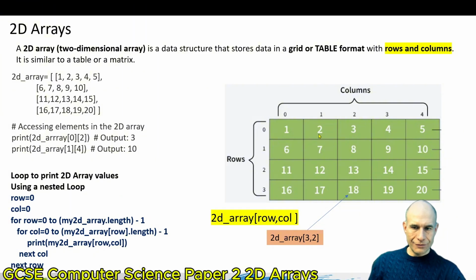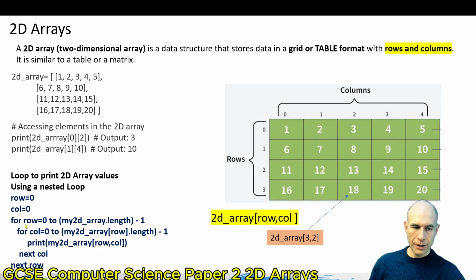To access the values of these items, we need to use nested loops. So a loop inside another loop to access these elements. For example, to print out all of the items of this array, we need one for loop to go over all the rows. So this is for the row.